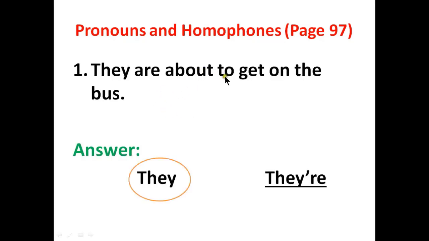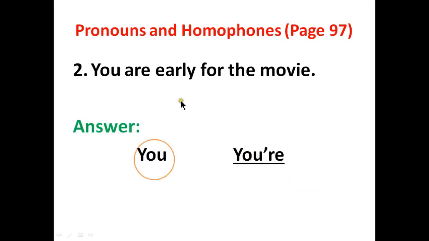They are about to get on the bus. The word they is a subject pronoun. You will circle it, and on the line you will write the contraction of they and are: THEY'RE. Number 2: You are early for the movie. Here the subject pronoun is you.